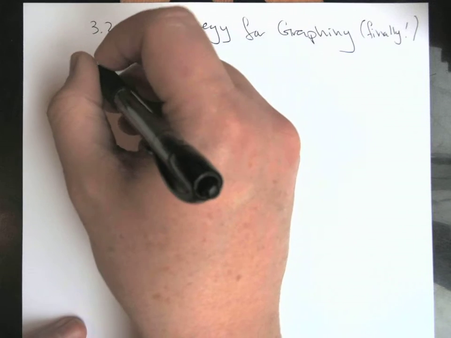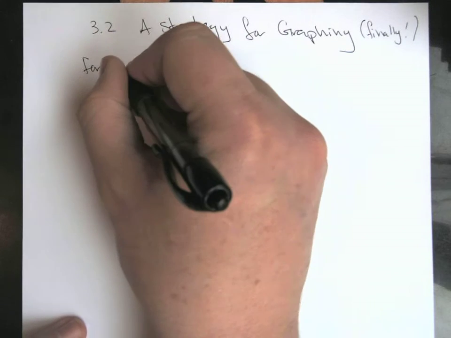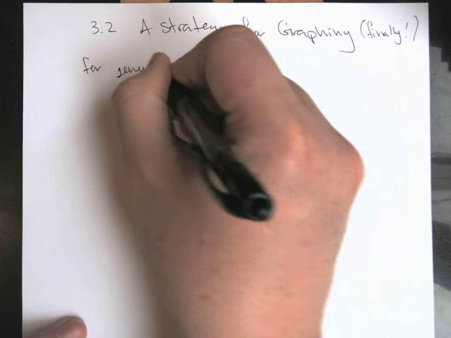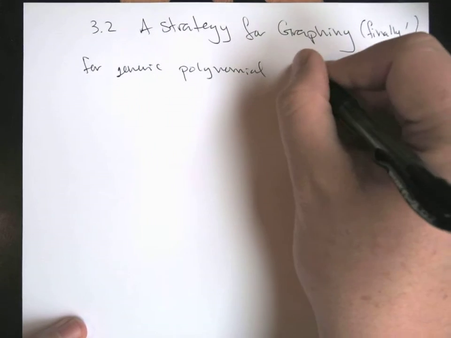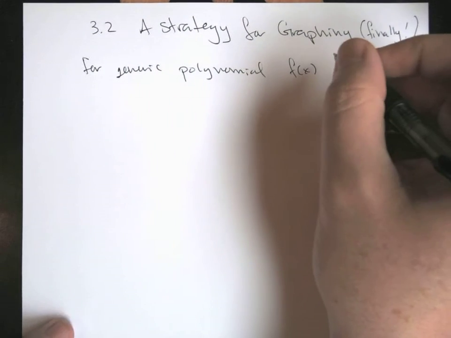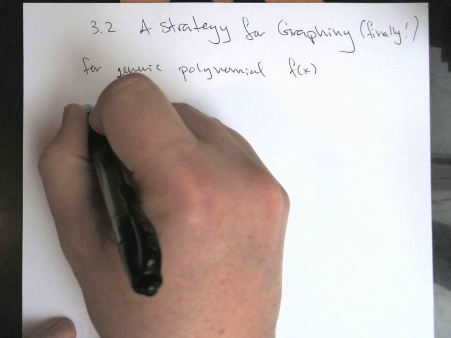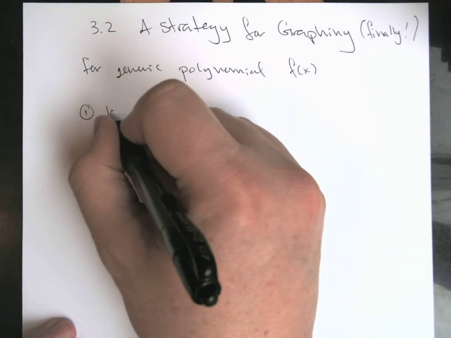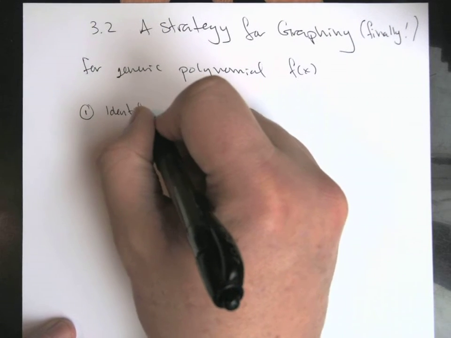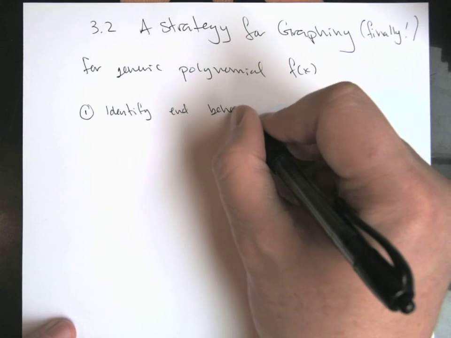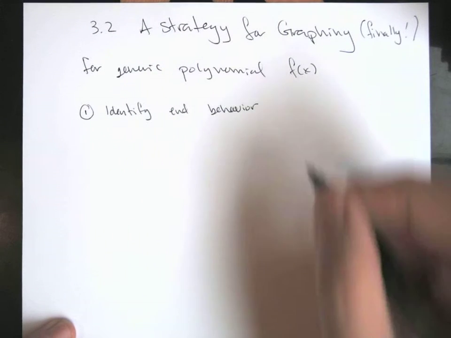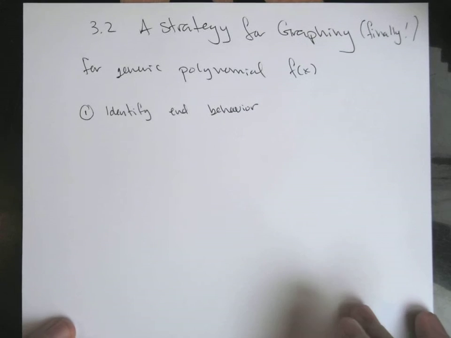First things first, this is for a generic polynomial f of x. So step number one is identify our end behavior. That's based on those four different cases.